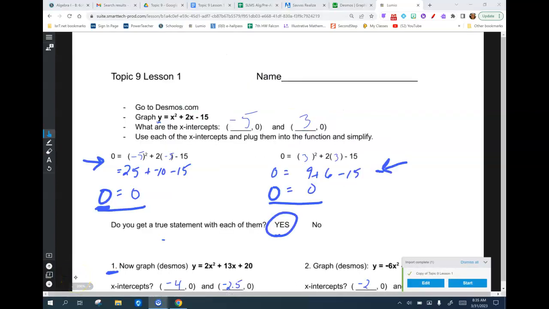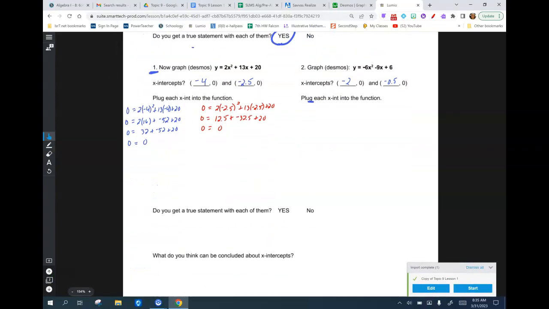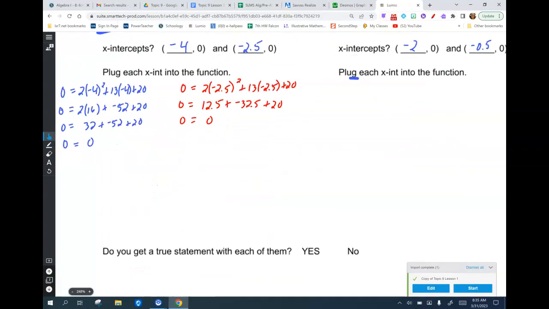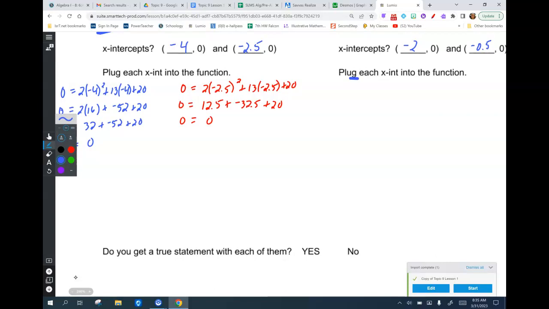So I'm just checking in to make sure that you're getting what I'm getting. So on number 1, when I plug in negative 4, I get that 0 equals 0. And when I plug in negative 2.5, I get 0 equals 0. Is that what you got?